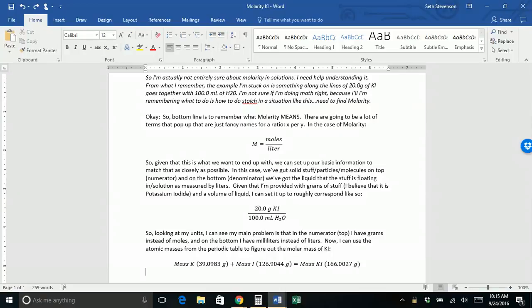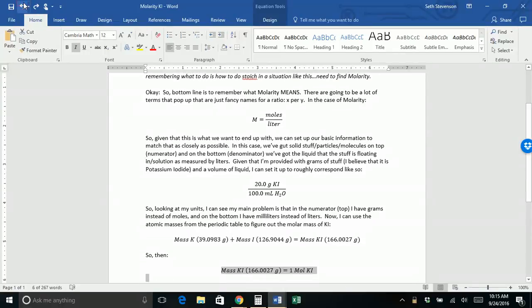That means my final mass of potassium iodide as a compound is 166.0027 grams. Okay, so that means that my molar mass is the same. The molar mass of potassium iodide is 166.0027 grams. Nice.